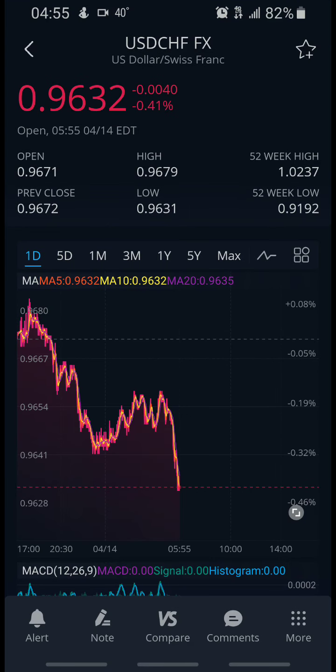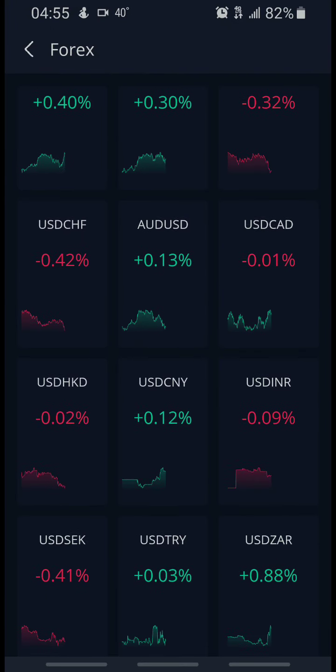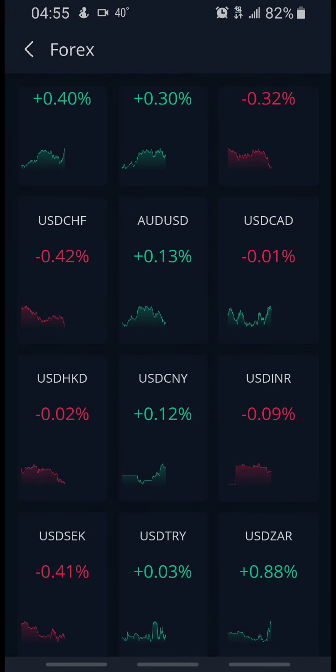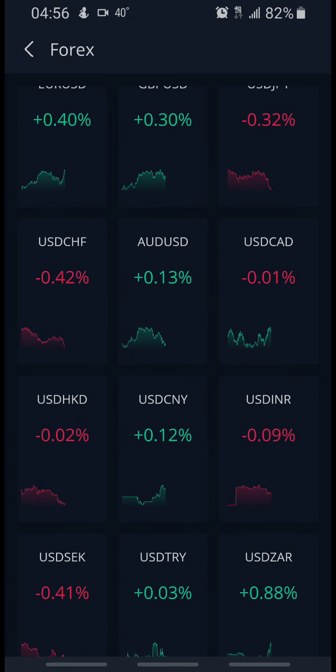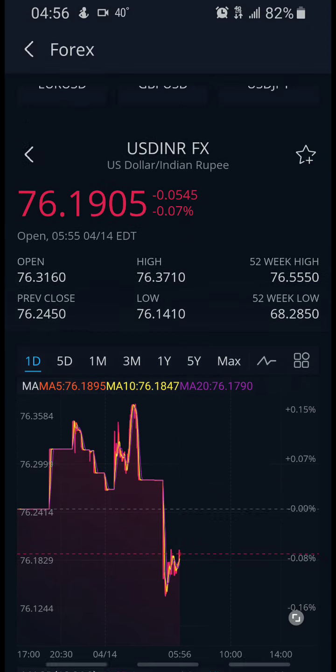Right. So right now, my main indicator is going to be the Indian rupee. And actually, the market's shut down, so it can't be that.